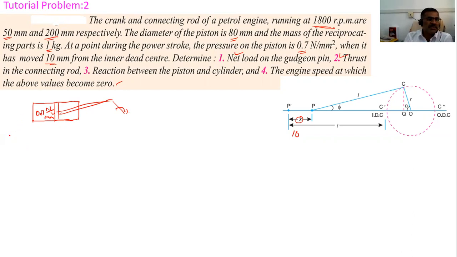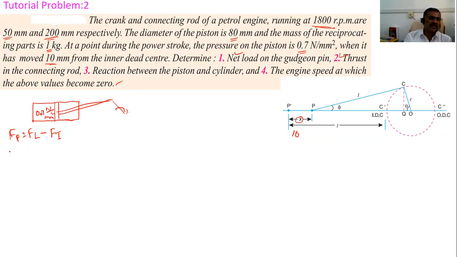What is the equation for piston force? Net force acting on the piston is FL minus inertia force and other forces. But here we do not have other forces, such as frictional force. So we can take FL minus Fi.